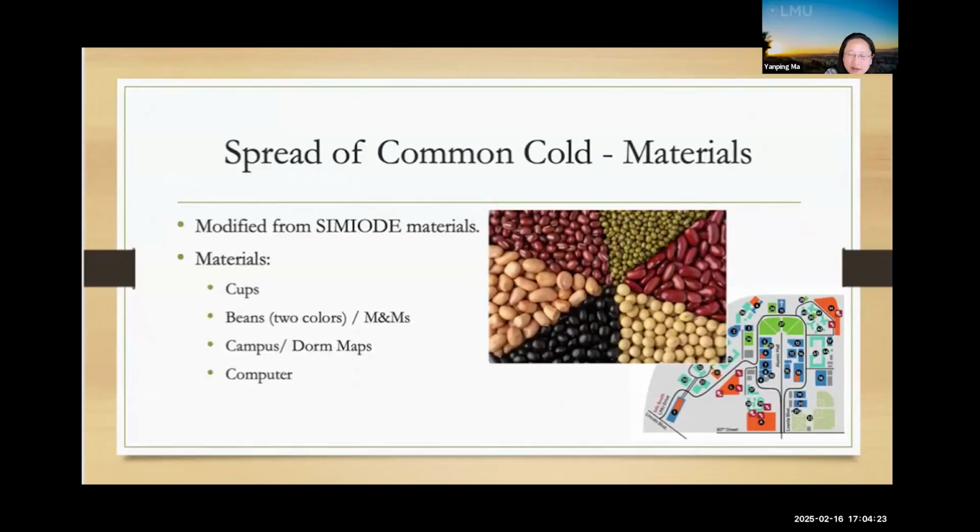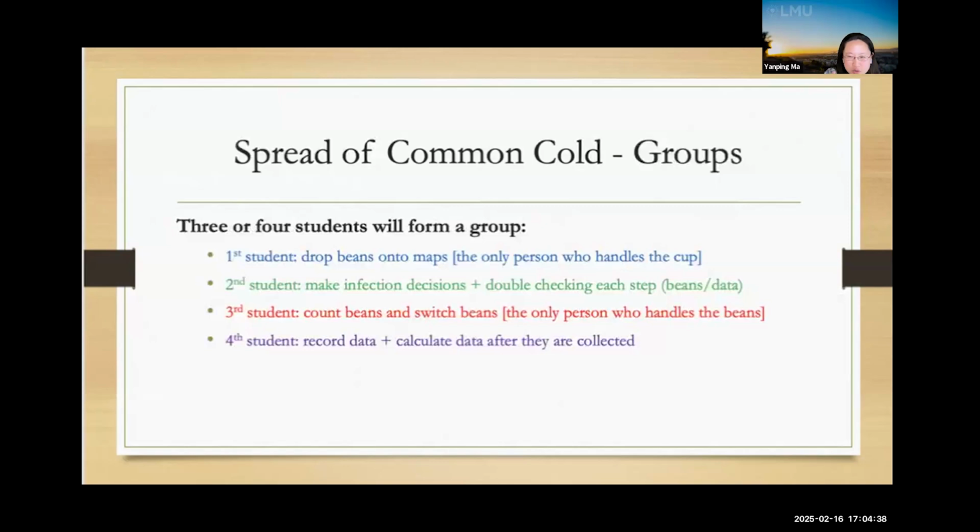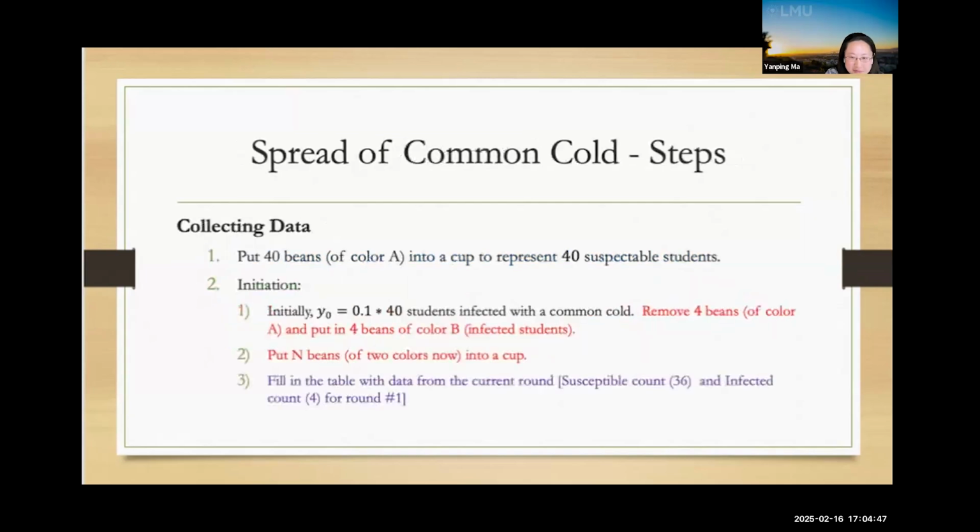If you have not heard about this project before, the idea is basically we bring cups, beans, or M&Ms to the class. We also bring dorm maps. Students are assigned in groups, and they will be in charge of different portions of this activity.